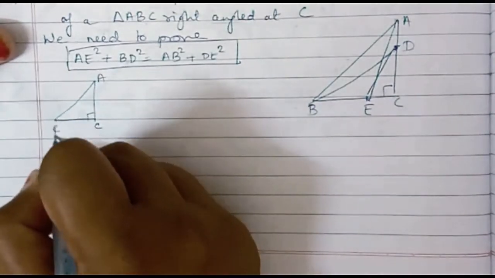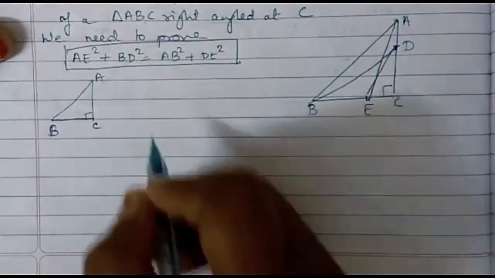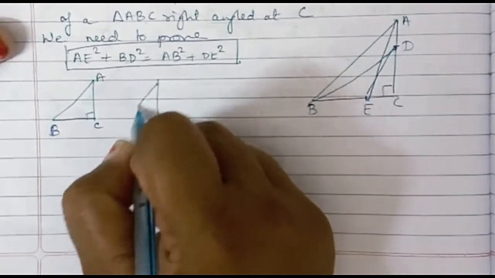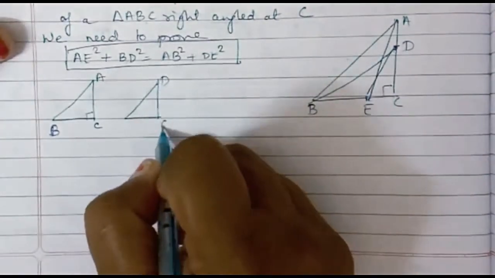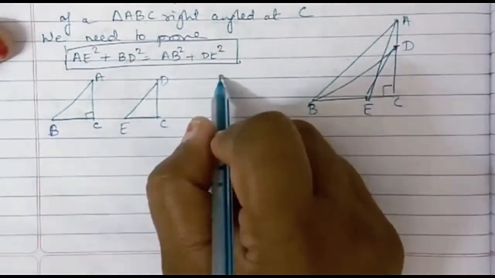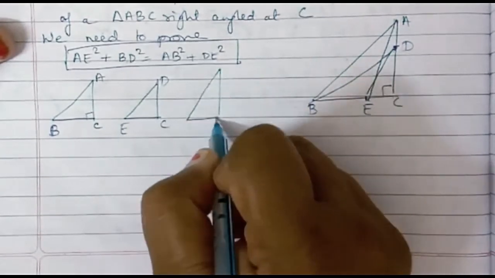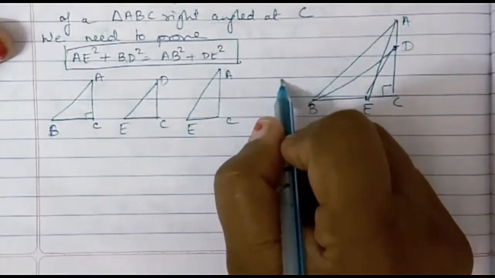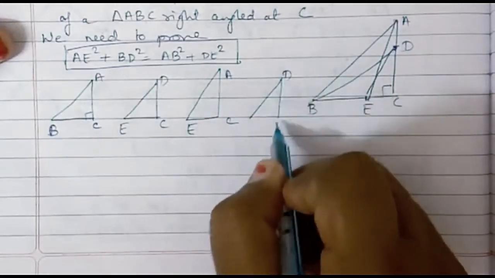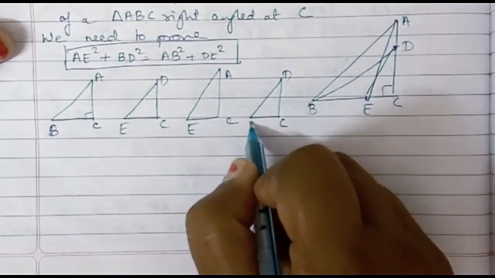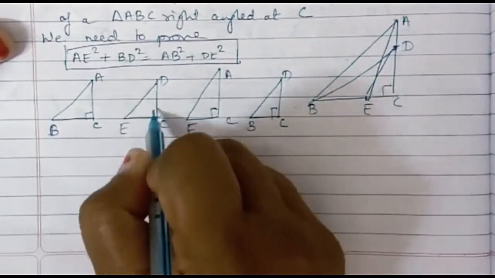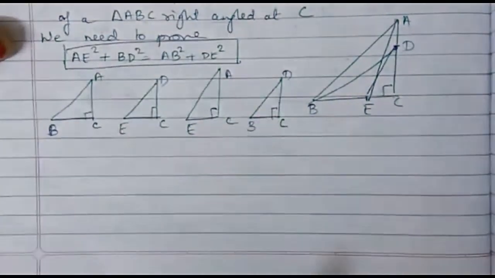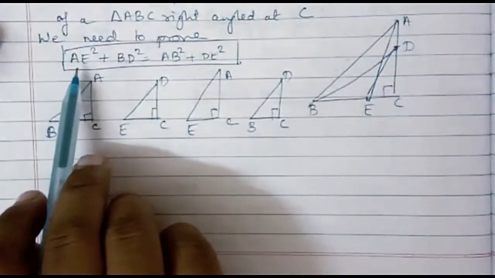This is ACB, the main triangle. The second triangle was DCE. The third was ACE, right? And the fourth was DCB. In all 4 triangles, angle C is a right angle. We need to prove this result.